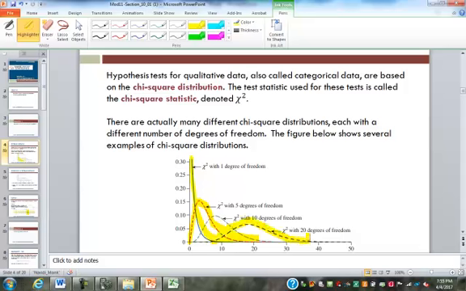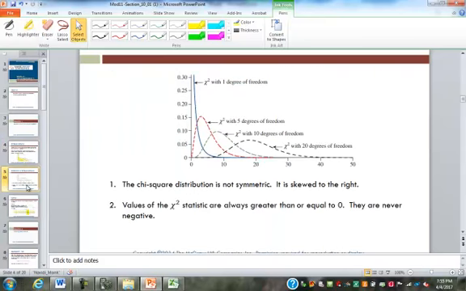So the higher the degrees of freedom gets, the closer it is to becoming a symmetrical curve. So we have those different curves. Since it's not symmetrical, the chi-squared statistic is always greater than 0. We never have negative values. The chi-squared distribution starts at 0 and goes up from there.